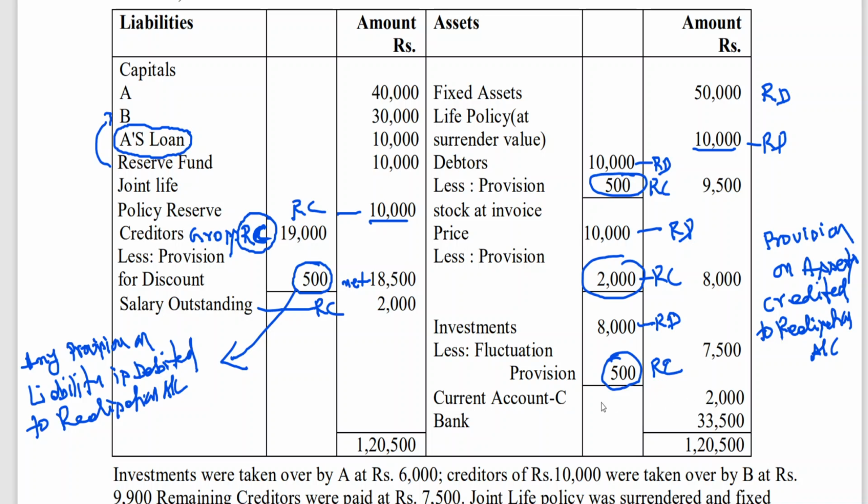Okay. Then current account of C. That means the partner's capital doesn't have any balance, but in C's current account he owes money to the firm. So since we are having A's capital and B's capital, let us even transfer this current account by opening which account? C's capital account. C's capital account we don't have, but C's current account we are having.